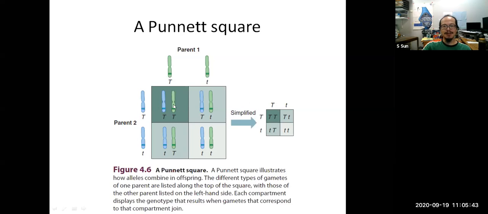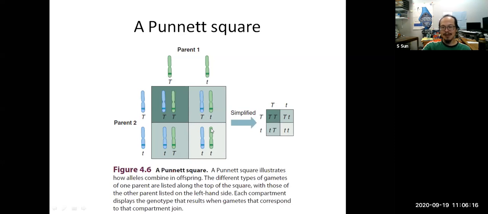So for example, here, the frequency to have the homozygous dominant alleles is 1/4. The frequency to have the heterozygous alleles is 2/4, so that's 1/2, which is 50%.